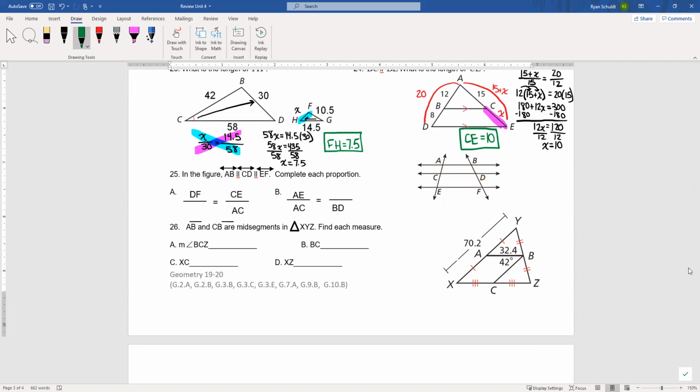Okay, so number 25. Again, we're dealing with ratios here. So if we look at A, it's saying that the ratio DF over something is equal to the same as CE over AC. What goes with AC on the other side? BD. So in this blank here, we would say this is BD. Those go together.